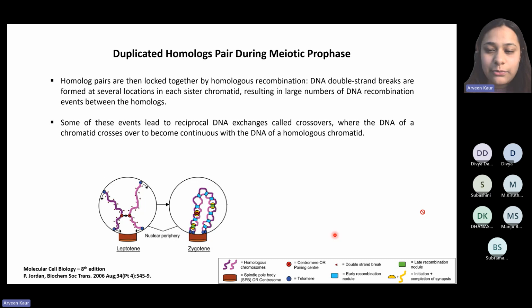Once this happens, there will be a lot of sites where crossing over or DNA recombination can occur. But some of these events lead to reciprocal DNA exchanges called crossovers, where the DNA of a chromatid crosses over to become continuous with the DNA of the homologous chromosome.